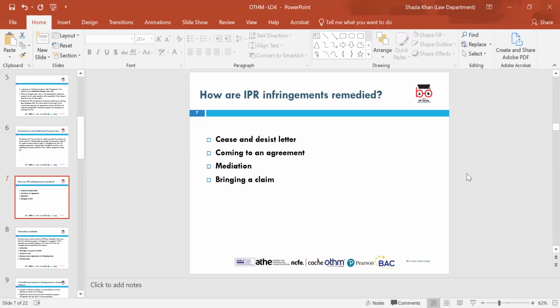Mediation can be used for most intellectual property disputes, including infringements on trademarks, patents, copyrights, and designs. And if you need a mediation service, you could always contact the Intellectual Property Office, IPO, who have their own mediation service, which they consider that you use as well.